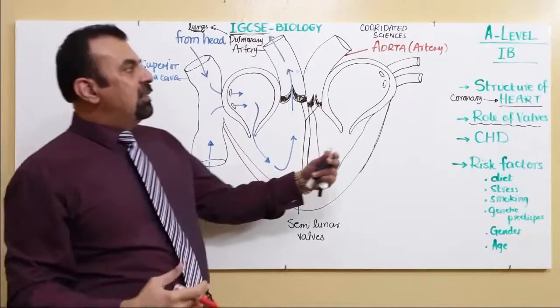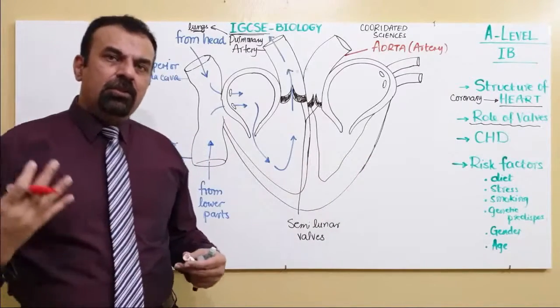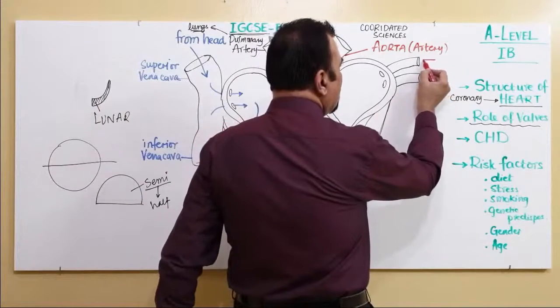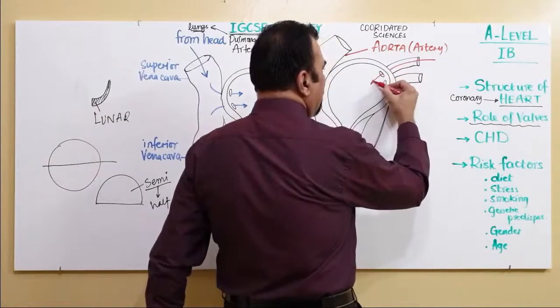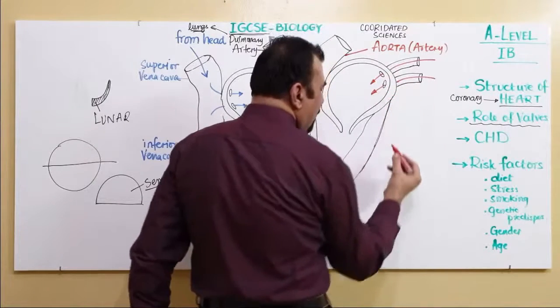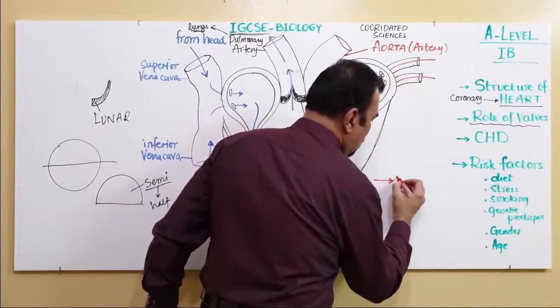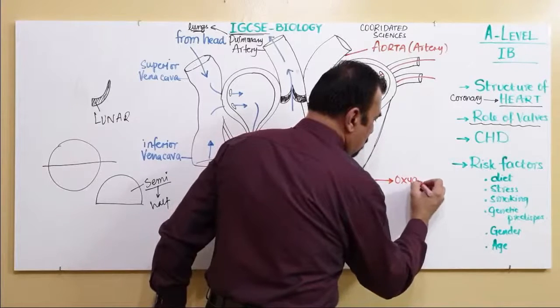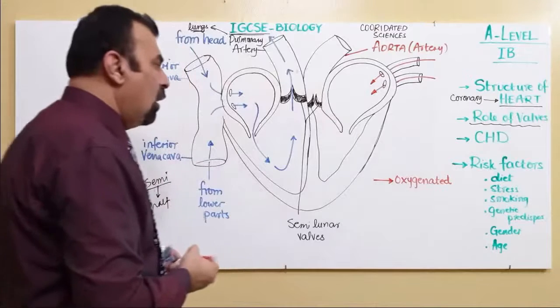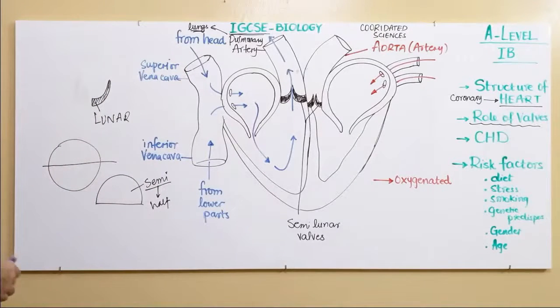Now we're going to see how the blood is coming to the left chamber of the heart. The left chamber of the heart is receiving oxygenated blood, which is shown in red. So red means oxygenated, and blue means deoxygenated.